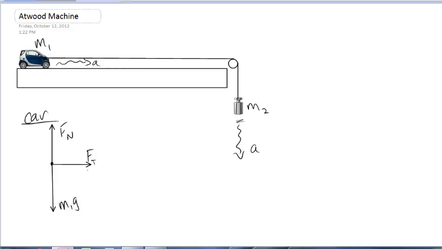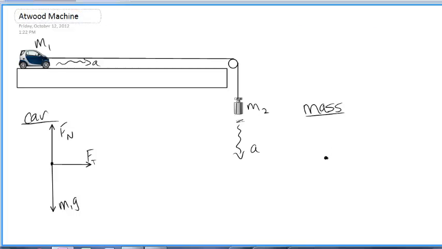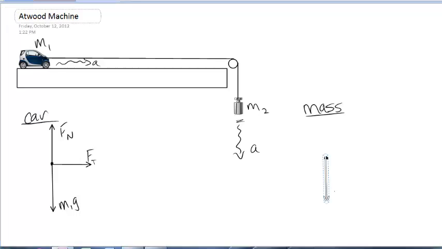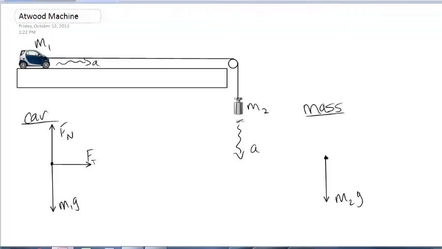And if we consider the hanging mass, its free body diagram only has 2 forces actually. Has gravity, m2 times g, it has the tension pulling up.